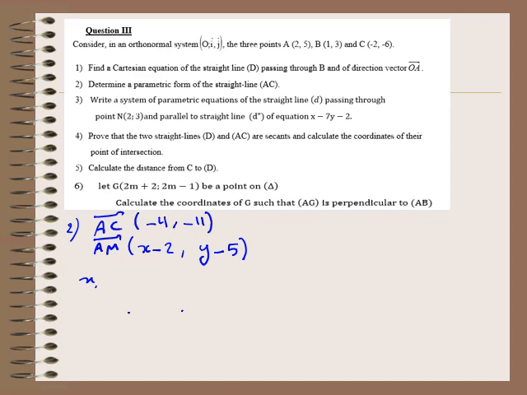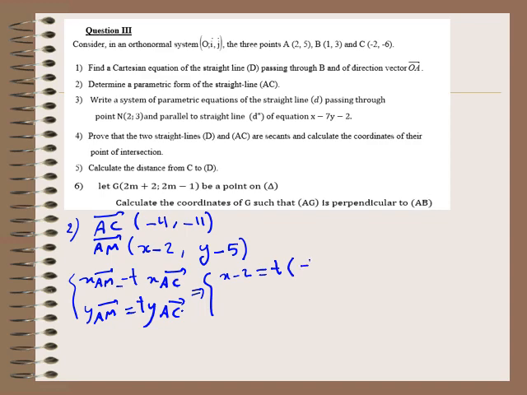So xAM equals p times xAC, yAM equals p times yAC. So x minus 2 equals p times minus 4, and y minus 5 equals p times minus 11.